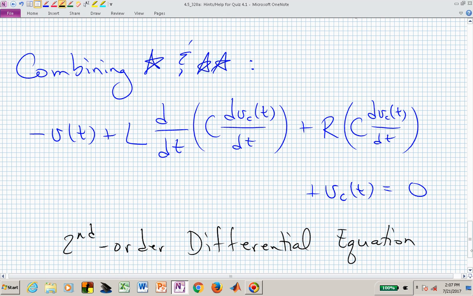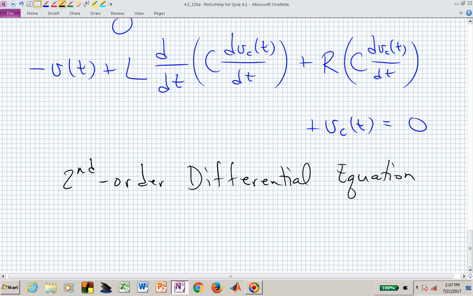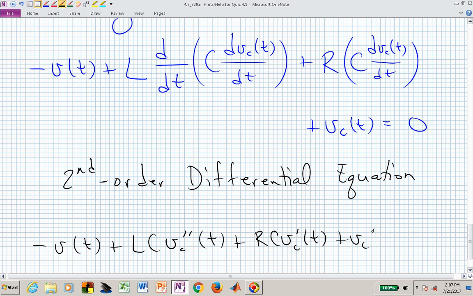And this now gives us a second order differential equation in terms of our capacitor voltage, where we now have minus v of t plus LC v sub c double prime of t plus RC v sub c prime of t plus v sub c of t is equal to 0.